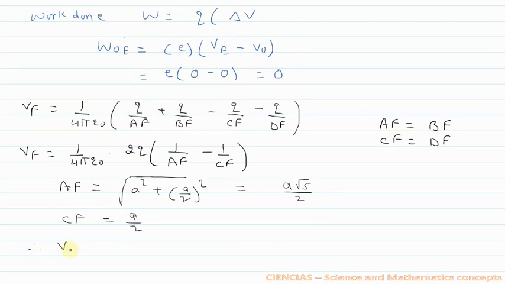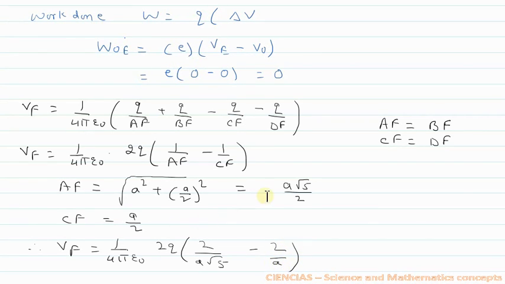Therefore, potential at F is equal to 1 upon 4 pi epsilon 0 times 2q (2 upon a root 5 minus 2 upon a).